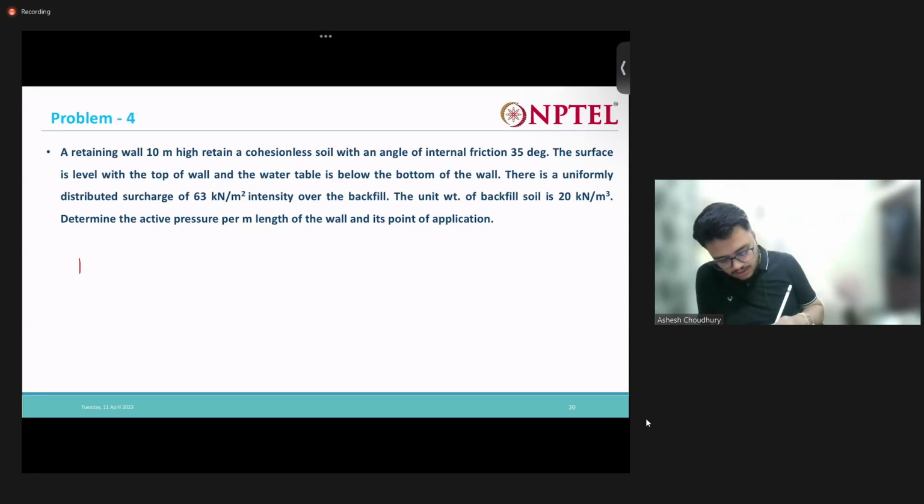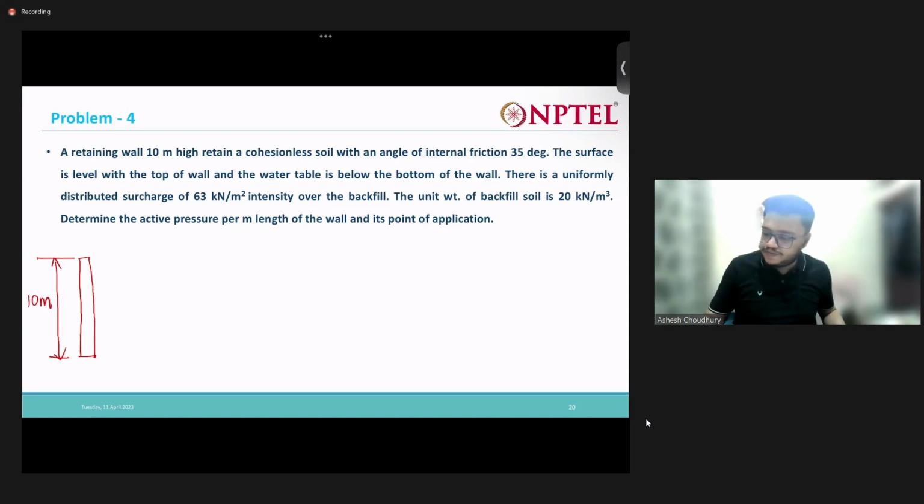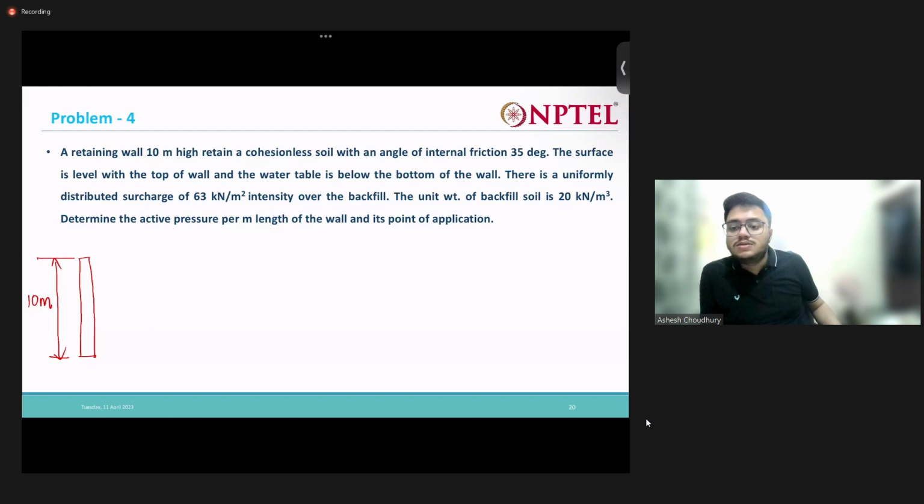So here we have the wall. This is 10 meters. This is level with the top. Surcharge is there. So here you have a uniformly distributed surcharge of 63 kilonewtons, and gamma is given as 20.